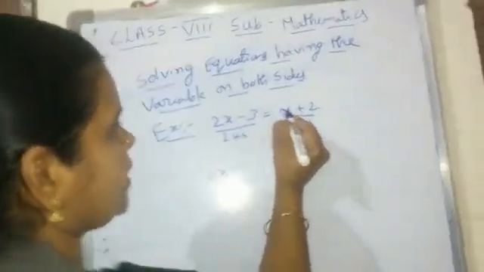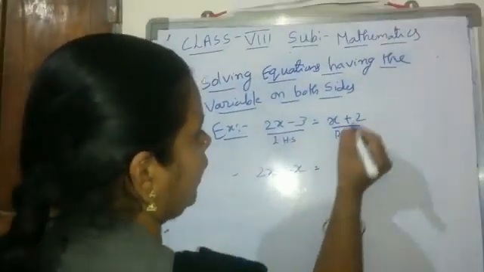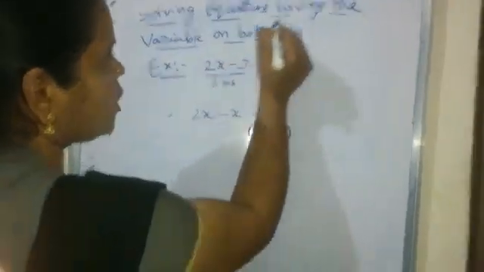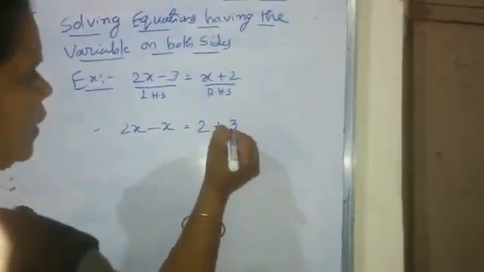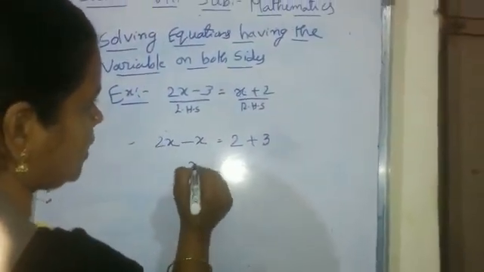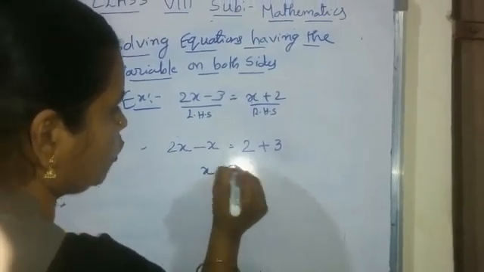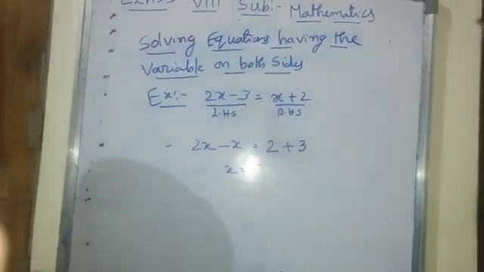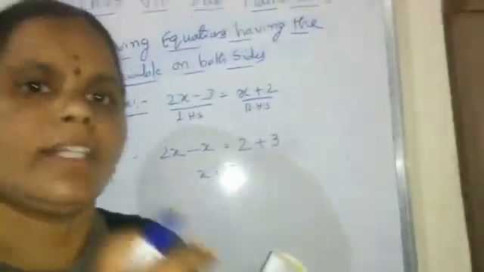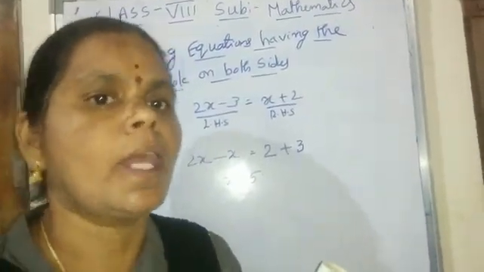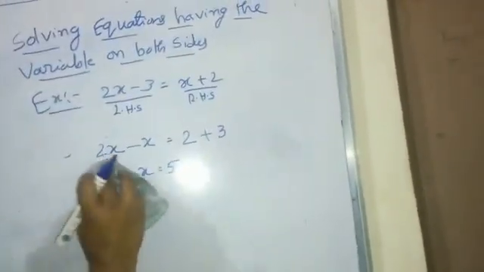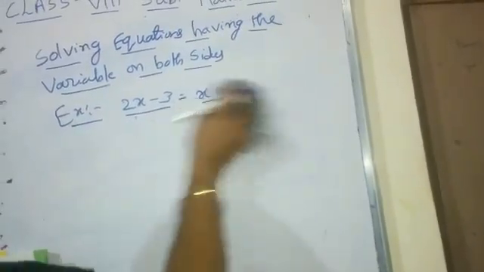Here plus x is there, transposed it becomes minus x. Here plus 2 is there, transposed, minus 3 becomes plus 3. So 2x minus x is equal to x, which is equal to 2 plus 3 is equal to 5. So the x value is 5. So write all variables on one side, all constants on the other side. Next, exercise 2.3.